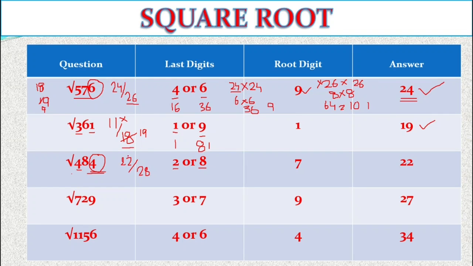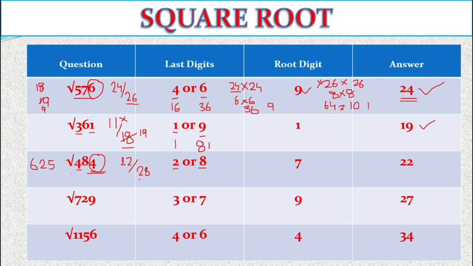As we already know, 25 square is 625. Okay, 25 square is 625, and we have to calculate the square root of 484.